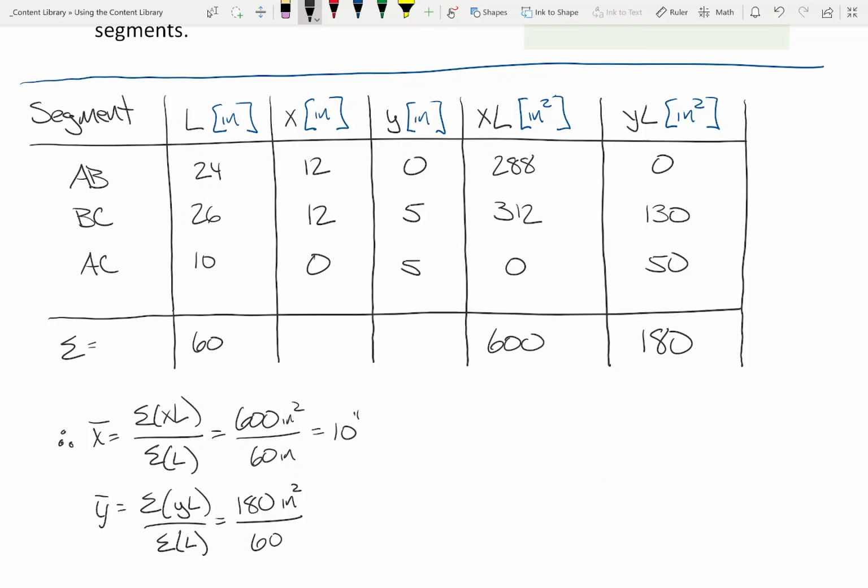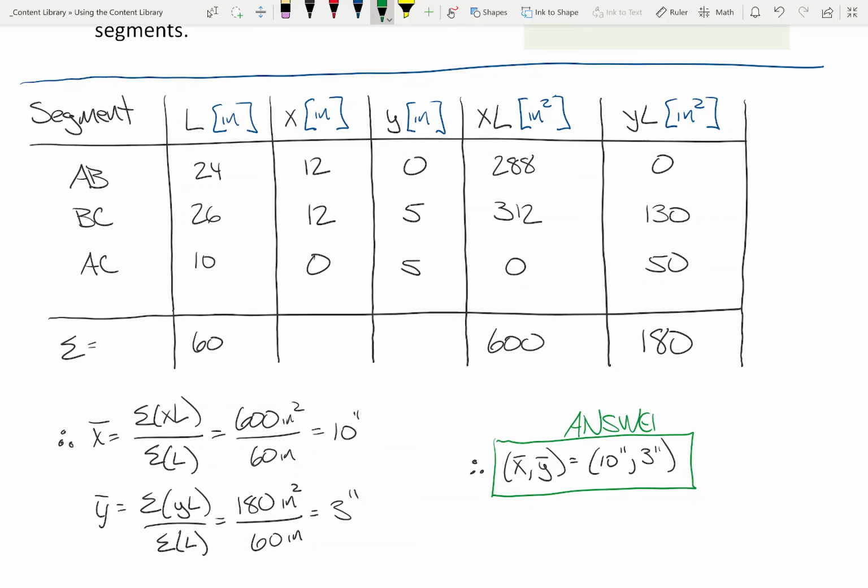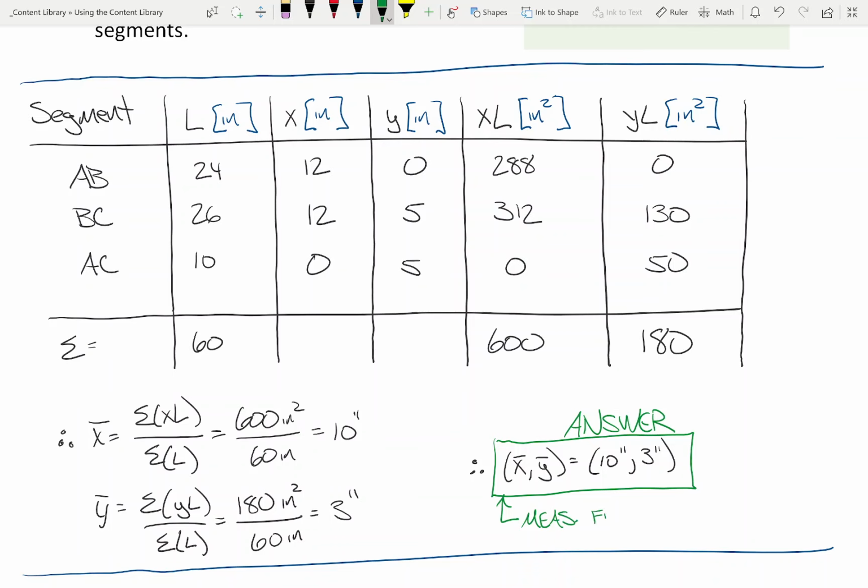Fortunately, this math is pretty easy. And I guess what I should do here, maybe just to be hyper specific, is to indicate that that is in fact measured from point A. The point A is our origin.